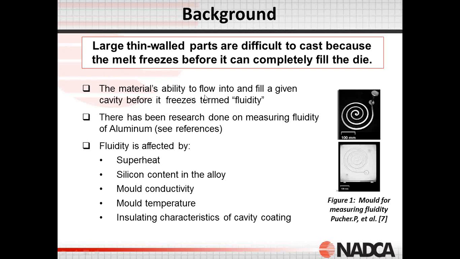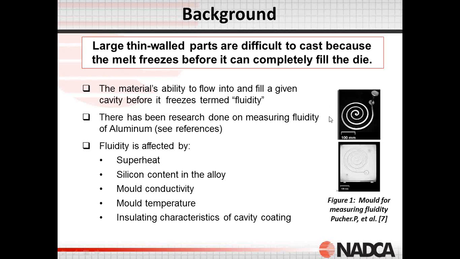The material's ability to flow and fill into a cavity before it freezes is termed fluidity. The fluidity is referred to as a property of a given alloy. There has been quite a bit of research on this subject. Two PhD theses on measuring the fluidity of aluminum alloys is cited at the very end of this webinar.